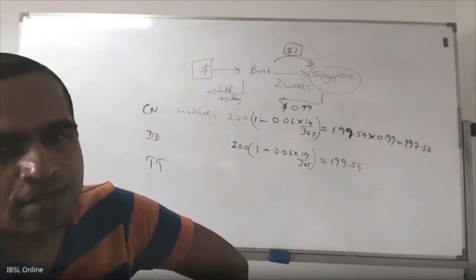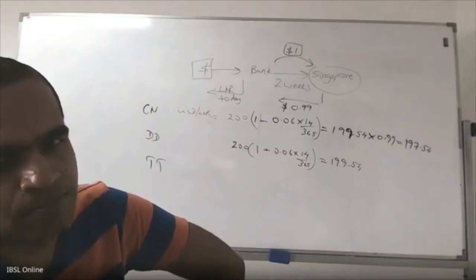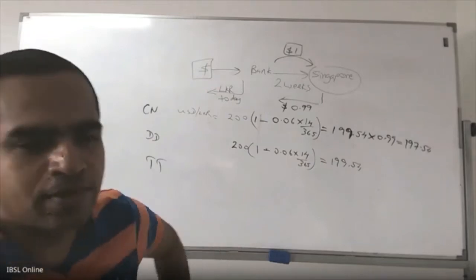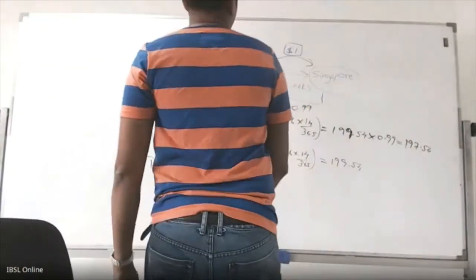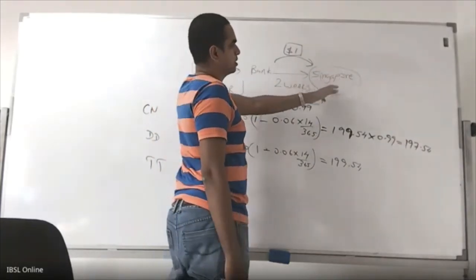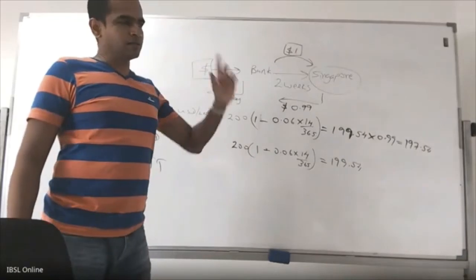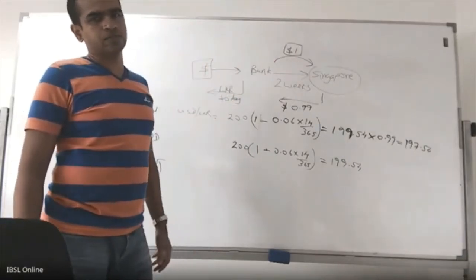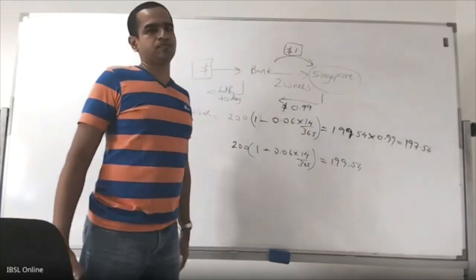Good question. Why is the Singapore bank giving only 99 cents without giving us $1? Because we are giving them a dollar note, they are giving us only 99 cents. Very valid question. The reason is, now the Singapore bank is getting dollar currency notes. A dollar currency note again cannot be used within Singapore. They will also have to send it overseas, maybe from Singapore to the US.